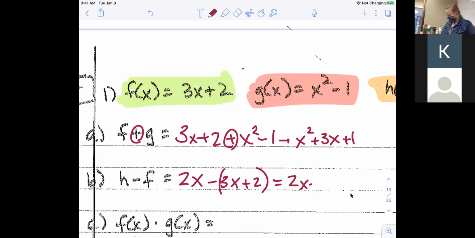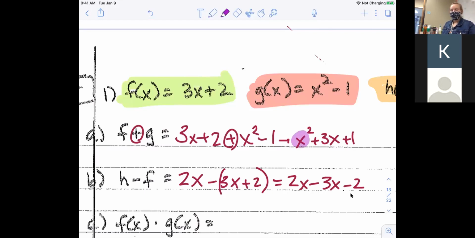I have a quick question. Yeah, Kirsten, what's up? Are you not allowed to have a negative x in this equation? In the one that we just did? Letter A or letter B? A and B. You can have negative x's because you can square a negative, right? Yes.